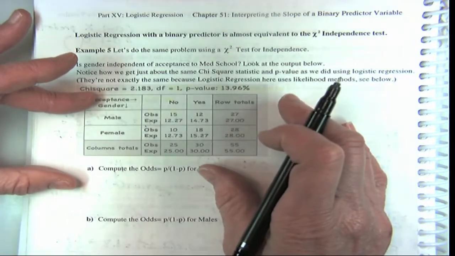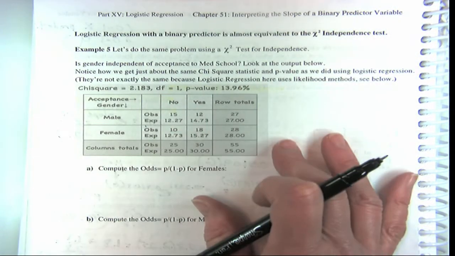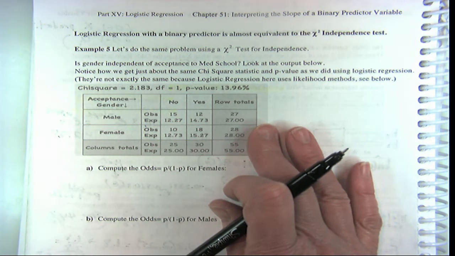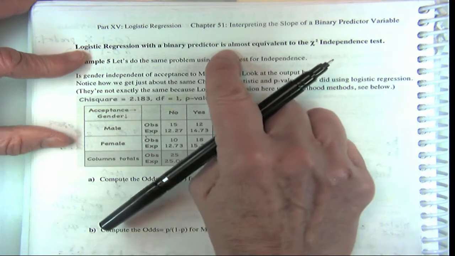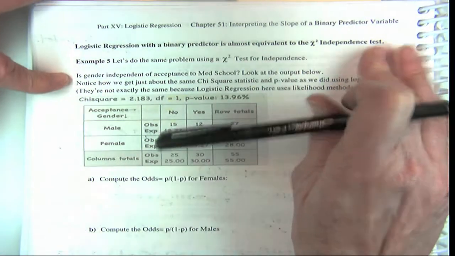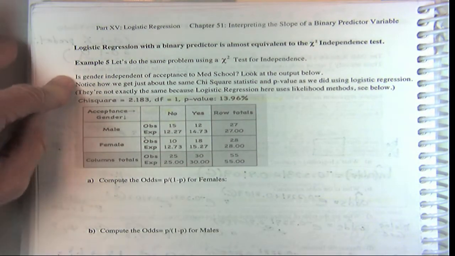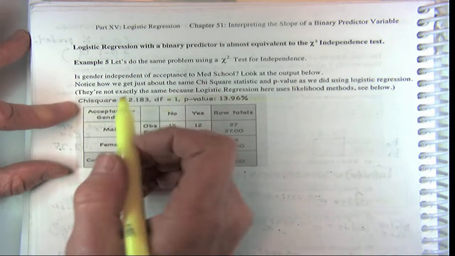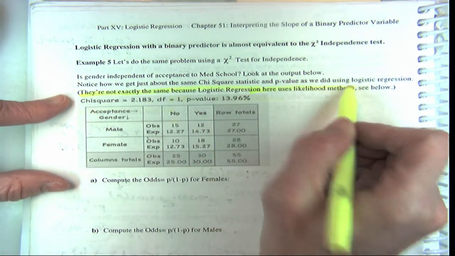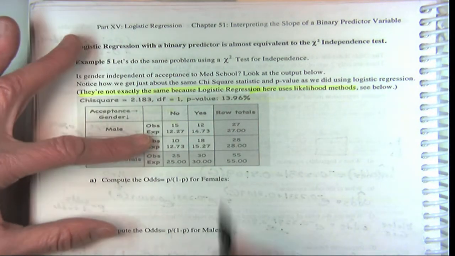In our sample, it was bigger, but would it hold up? These are all the same, just another way of doing it. So regression with a binary predictor is almost equivalent to a chi-square independence test. Let's try it with the independence test, and you'll see how they're similar and how they're not. They're not exactly the same thing because logistic regression uses likelihood methods, but the odds ratios are going to be exactly the same, as you'll see.